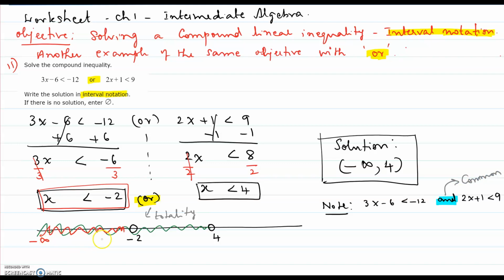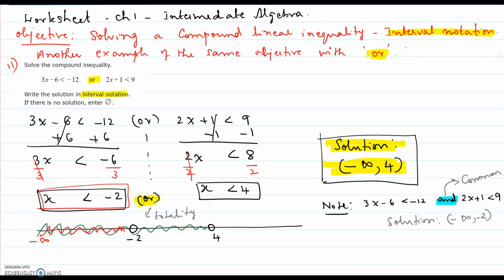So one is shaded in red, the other one is shaded in green. The commonly shaded one would be both red and green, which is negative infinity to negative 2. The solution in this case would be negative infinity through negative 2, both not included. But for the problem given here, the solution is, as we discussed, negative infinity to 4.